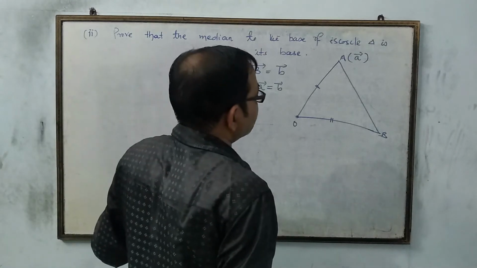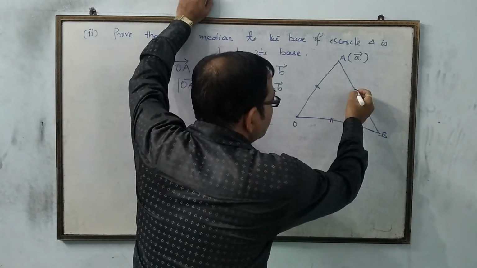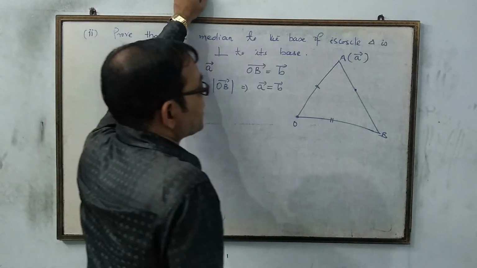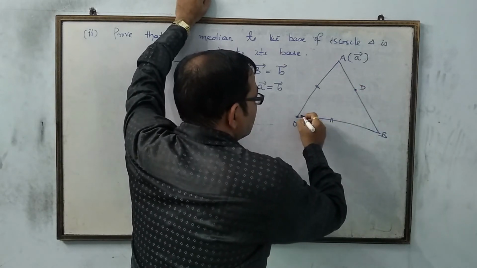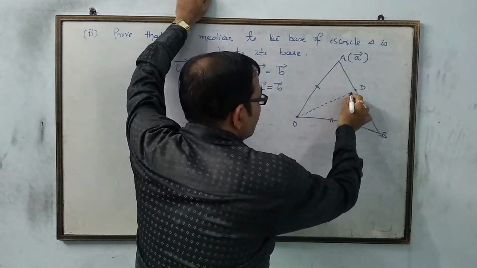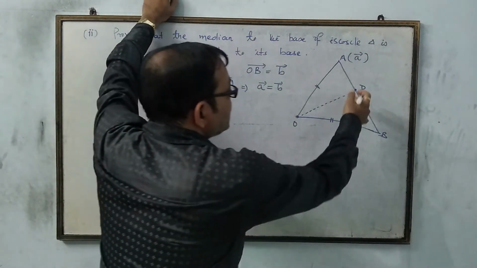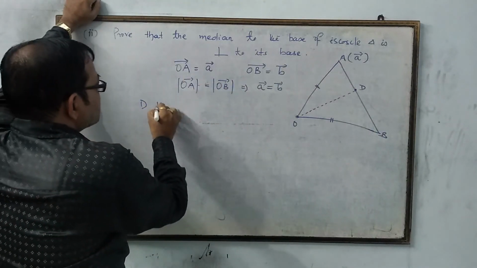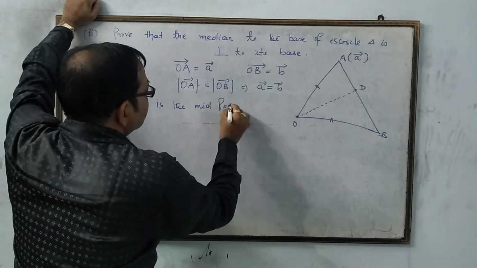Now you see. Prove that the median to the base of an isosceles triangle is perpendicular to its base. If OD is the median, then D is the midpoint of AB.